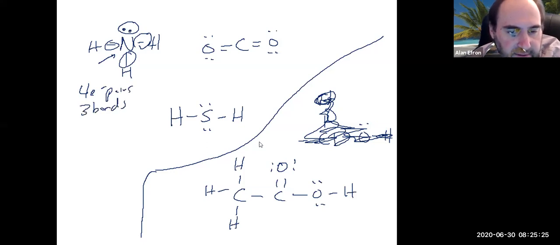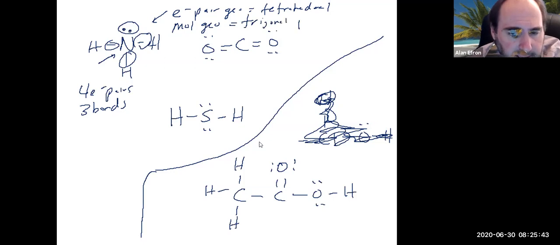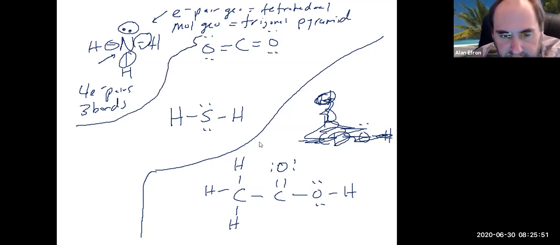So as we saw, the electron pair geometry should be tetrahedral because it has 4 electron pairs. But because it only has 3 bonds, the molecular geometry should be trigonal pyramid. Remember, trigonal pyramid and trigonal planar are different.